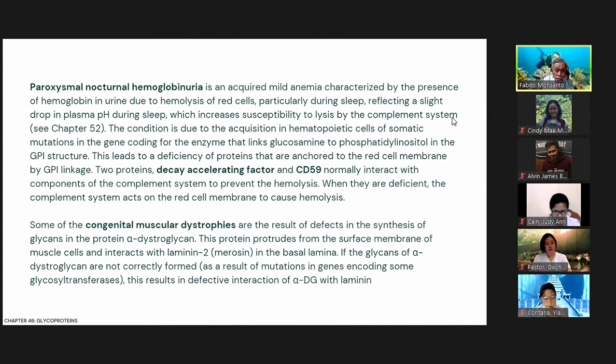The condition is due to acquisition in hematopoietic cells of somatic mutations. So that's why we have what we call paroxysmal nocturnal hemoglobinuria. So again, these are very rare cases.